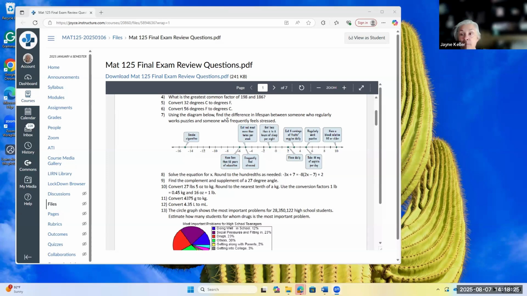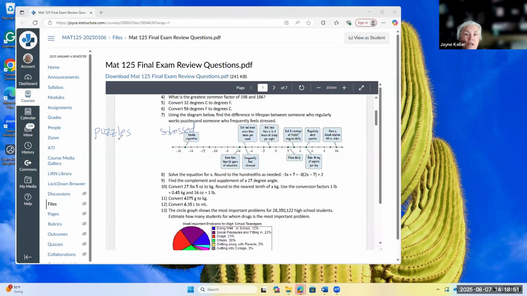So it might be helpful to write this out. We want the difference in lifespan between someone who regularly works puzzles and someone who frequently feels stressed.